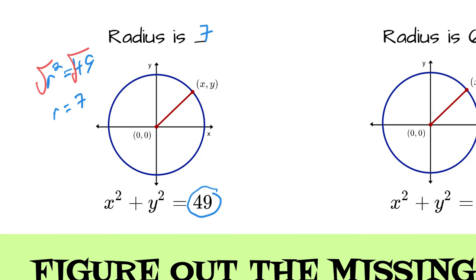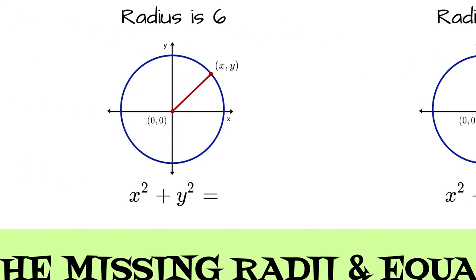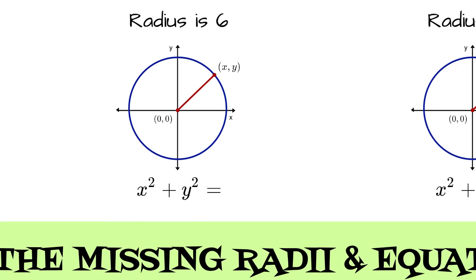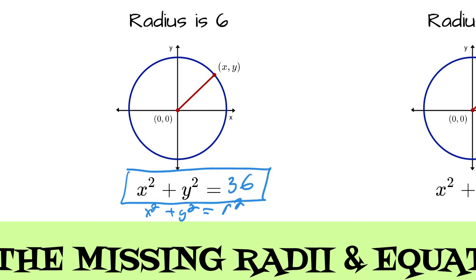We actually just did that one in the previous slide. My next example, I'm telling you the radius is 6. The equation is x squared plus y squared equals r squared. So take 6 and square it. Therefore, the missing piece is the value of 36.